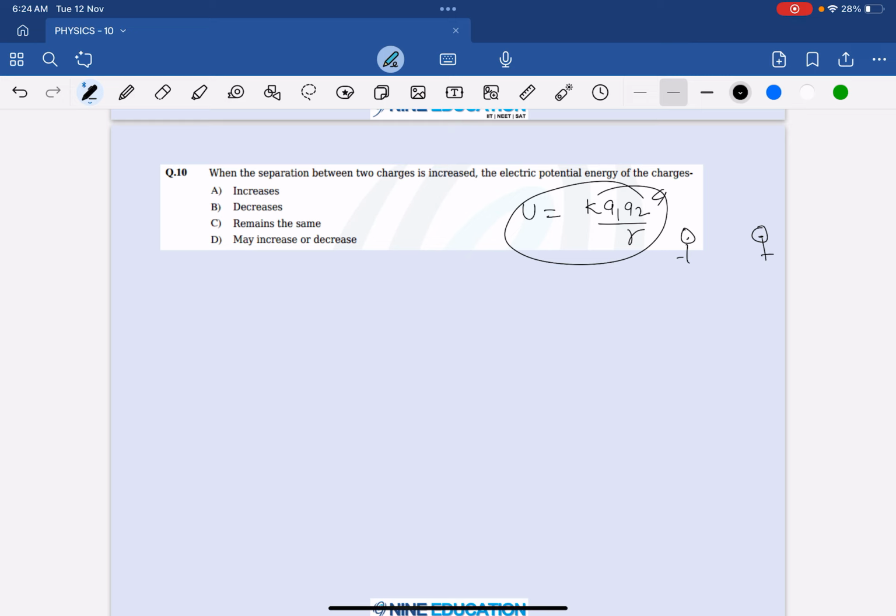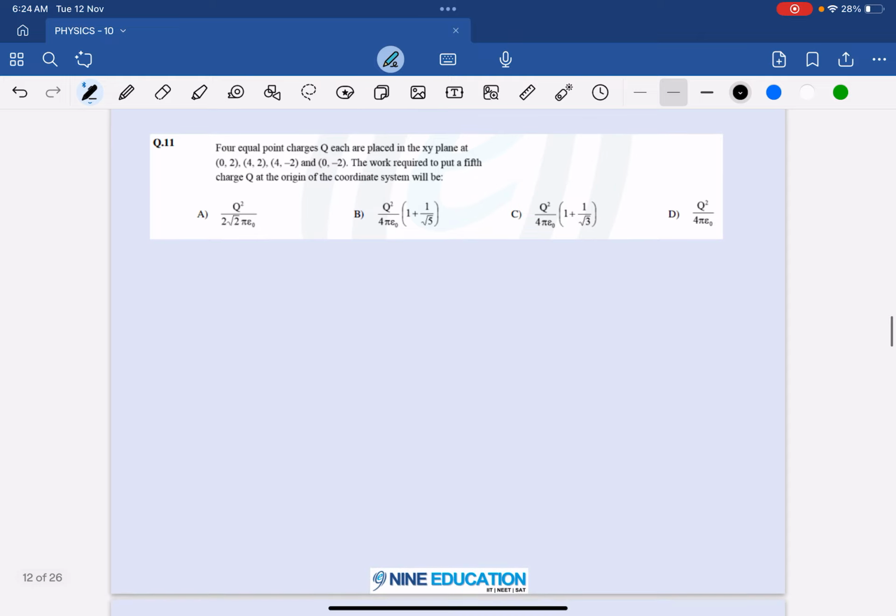But it would not be the same for negative charges. When negative charges are there, they have negative potential energy together. Let's say one of them is positive, one of them is negative, the total potential energy is negative. But when you pull them apart, the total potential energy is going to become zero basically. So we are able to see increases, decreases, remains same. It may increase or may decrease depending upon the sign of the charge. Correct? Now what is the next question we are having?